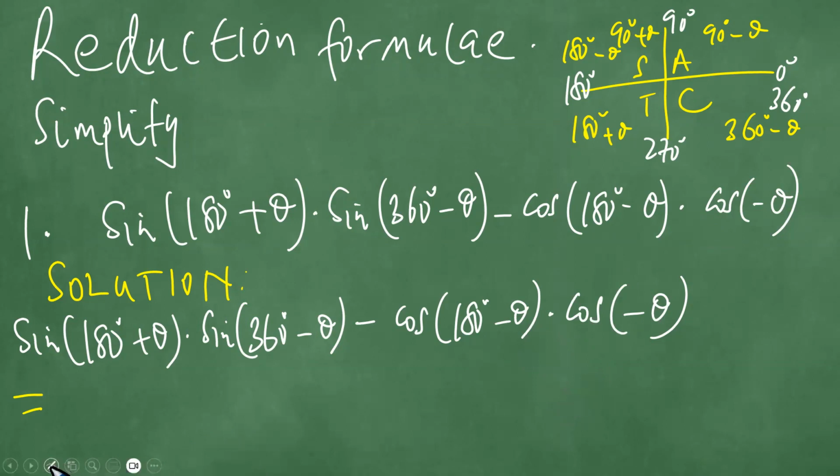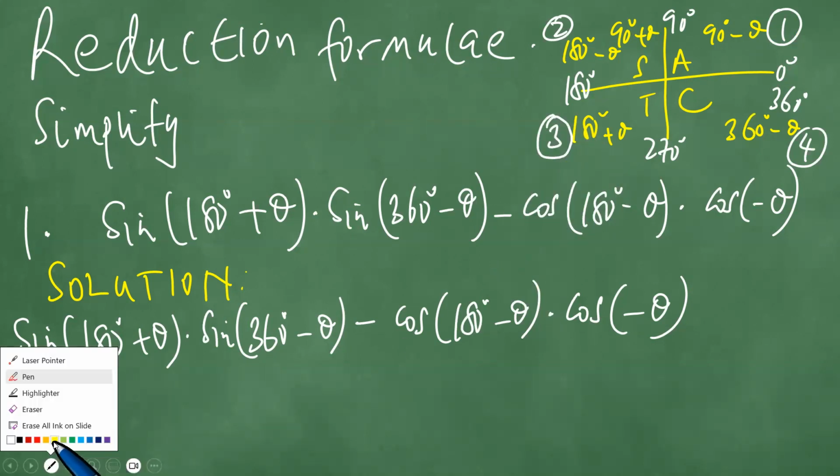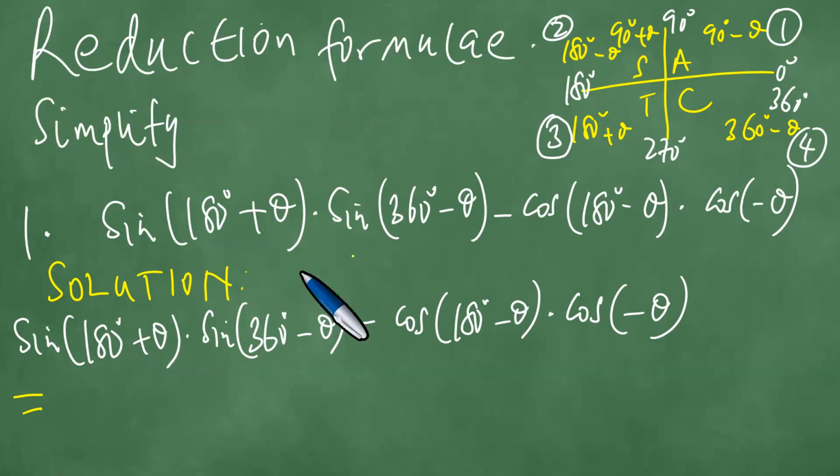But also, we need to remember a couple of things and know the fact that this is the first quadrant, the second, the third, and the fourth quadrant. That's something extremely important to note. Right, with that said, we look and analyze this. In which quadrant is 180 plus?